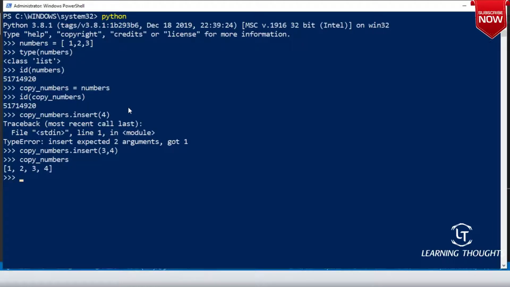Don't worry about that function also. So what is it that I have changed? Did I change numbers or copy_numbers? I had numbers and then I did this. Now let me check the ID of copy_numbers. Did the ID change?